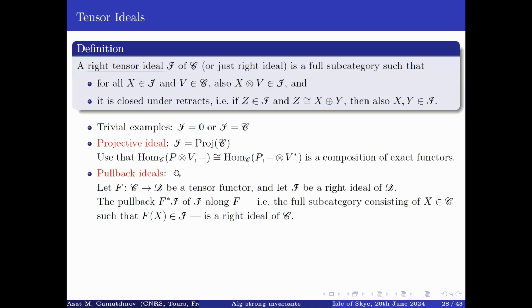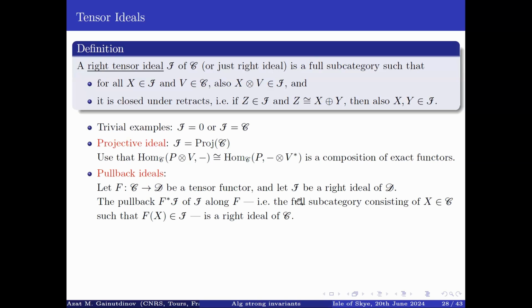And for me, the very big source of ideals we call pullback ideals. So assume I have now a tensor functor between C and D, and let I be a right ideal of the target of my functor.